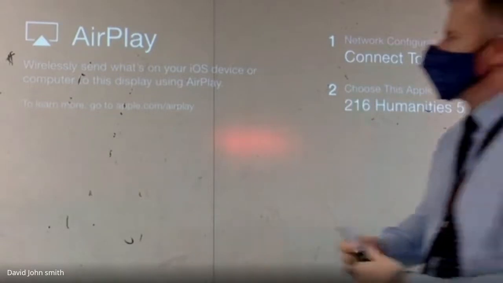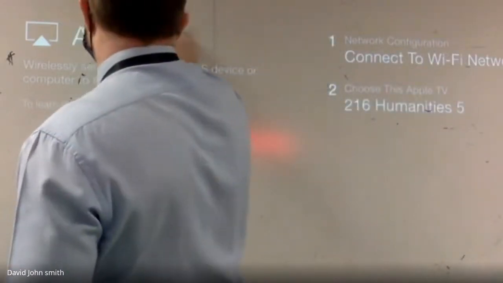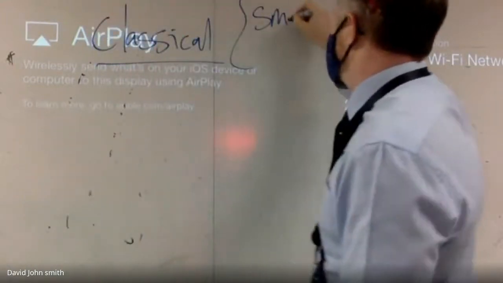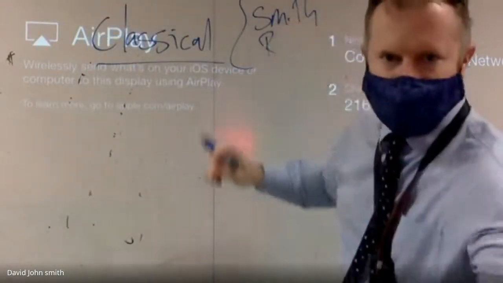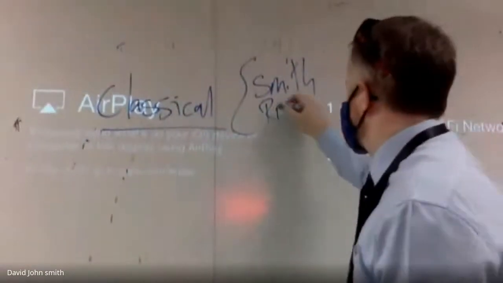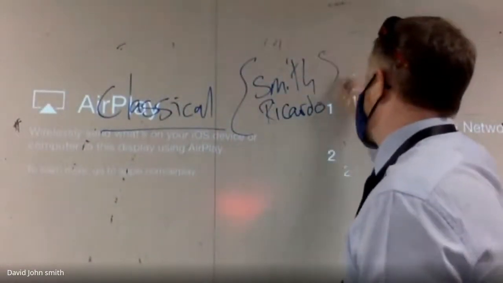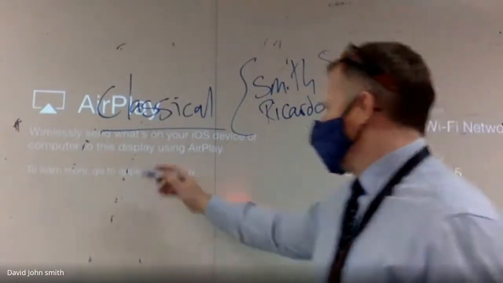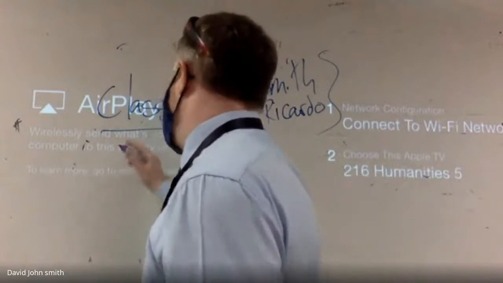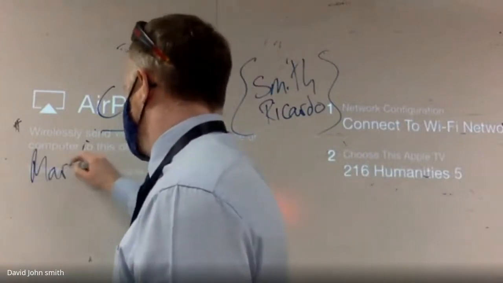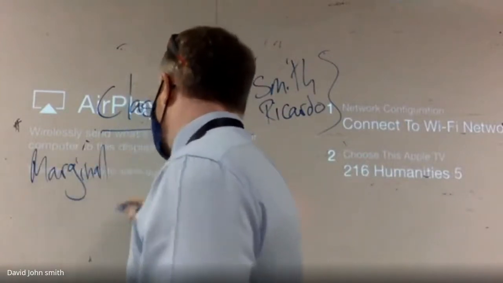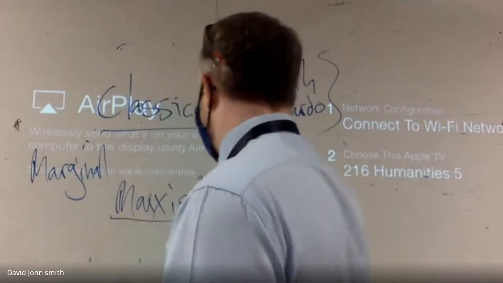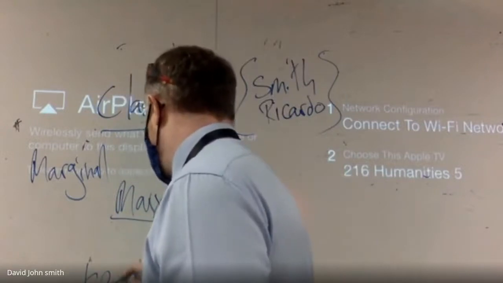Right? So your classical approach, which is Smith, Ricardo, Malthus, yep. You've got your marginal revolution, but okay, you've got your Marxian thought, and you've got your Keynesian thought.